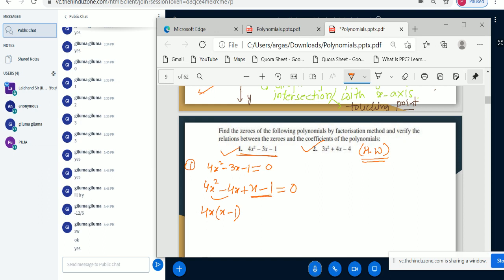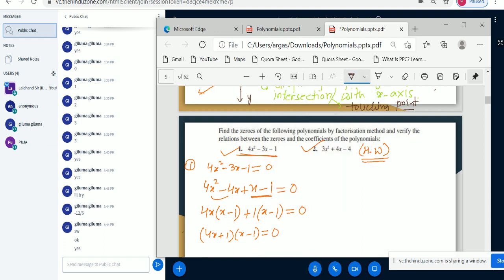What is the common factor from the last two terms? Plus 1, x minus 1 is equal to 0. If I factorize, 4x plus 1 equal to 0 and x minus 1 equal to 0.